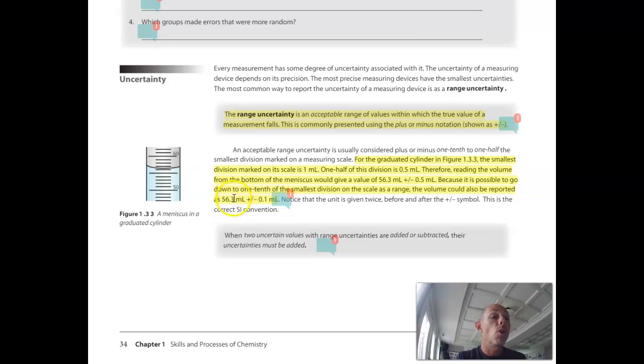Because it is assumed that that very last digit, that tenths place, is always going to be plus or minus 1. That the lowest it might be is 56.2 and the highest it might be is 56.4. So again, if we wrote 56.3, unless we were to say otherwise, we'd assume that it is meant to be 56.3 plus or minus 0.1.